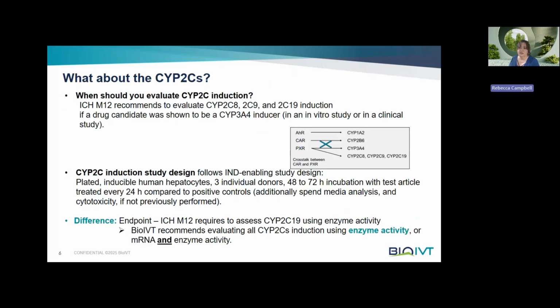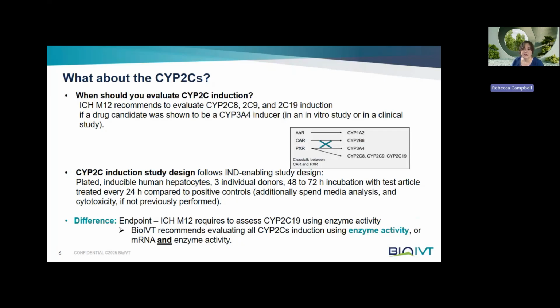I have mentioned that CYP induction is assessed using mRNA levels, and that the ICH M12 requires evaluation of CYP1A2, 2B6, and 3A4. This is because inhibition of CYP activity can mask induction if only CYP activity is evaluated in induction studies. The regulatory guidance requires that if CYP3A4 is shown to be an inducer, that the CYP2Cs, so CYP2C8, 2C9, and 2C19, are also evaluated.